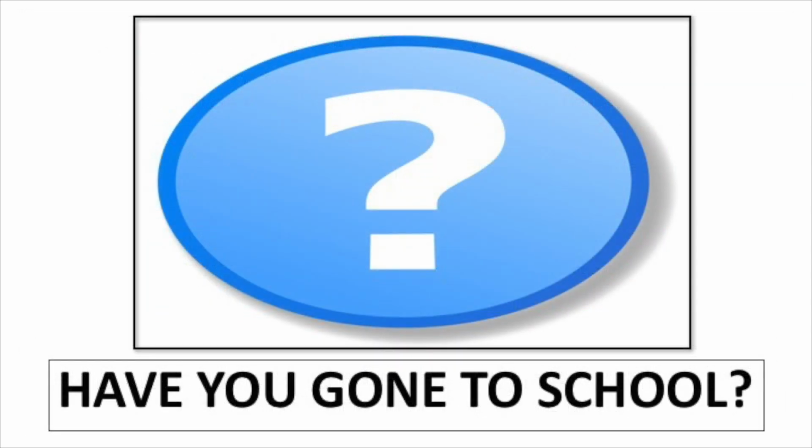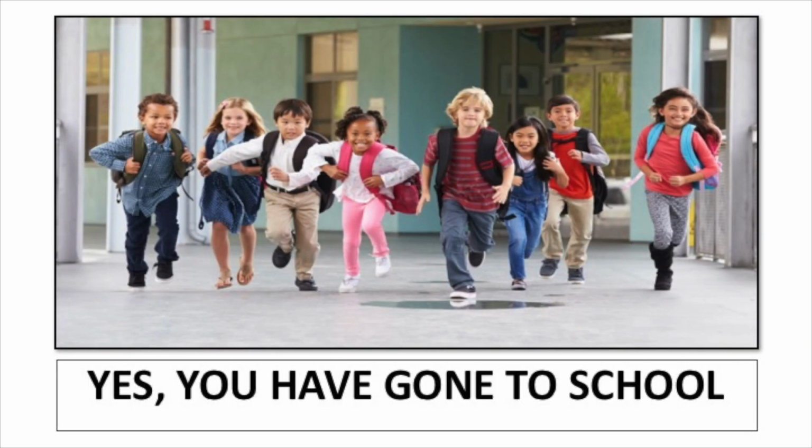For example, have you gone to school? And if we want to reply positively, like you guys today, have you gone to school? You will say, yes. You have gone to school. That's the positive answer with the yes.